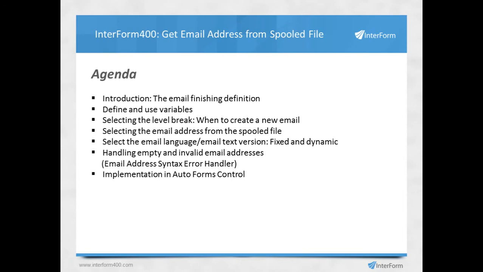So I'll show you how to handle that situation here in Interform as well. And finally I'll take you through the automation process, so you can automatically send out the emails when the spool file is created or arriving on a monitored output queue.